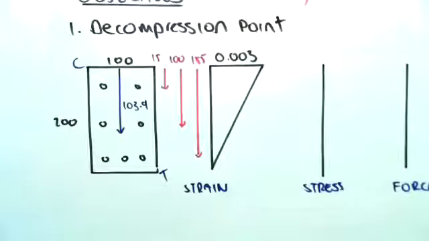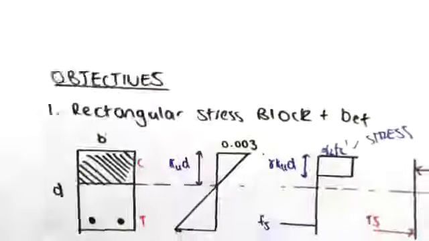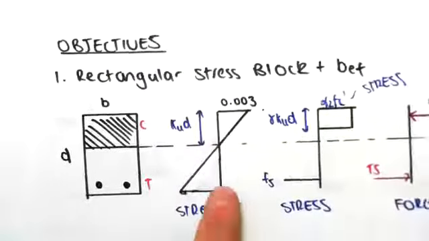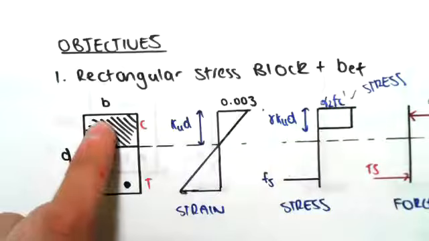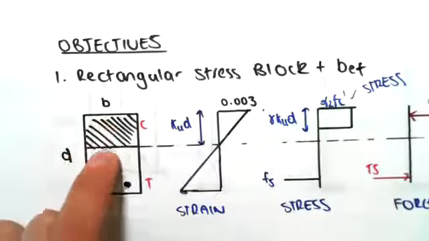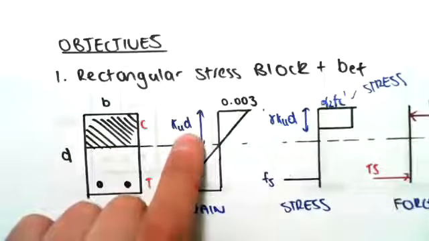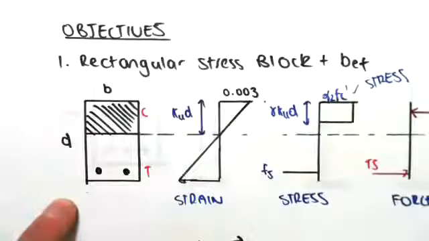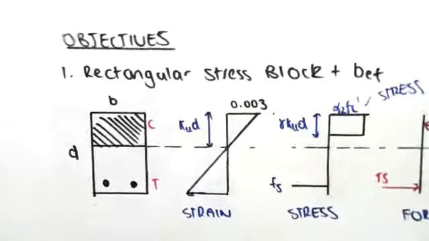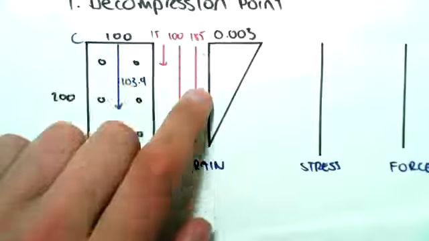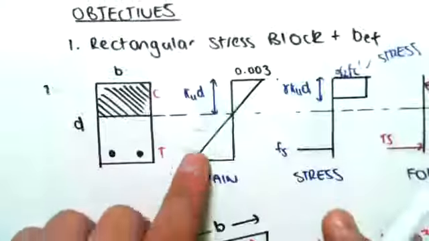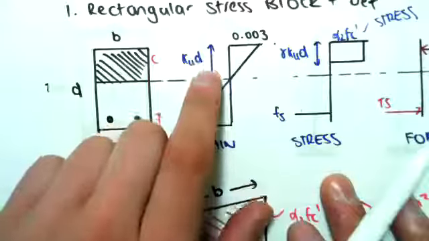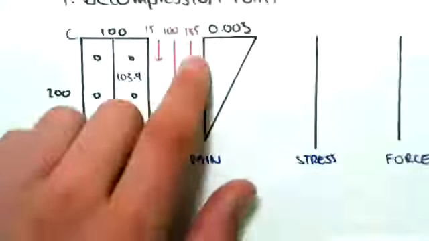You've seen in the introduction video that we have this general layout here. The distance from the extreme compressive fiber to the neutral axis is normally given by kud, where d is the depth of the section. But in our case, kud actually equals d. You can see that the neutral axis for us has shifted all the way to the bottom.